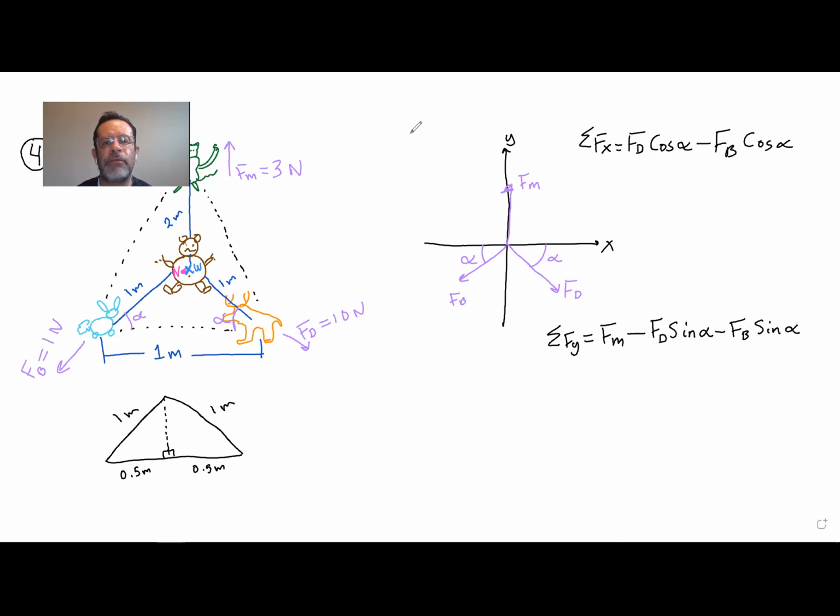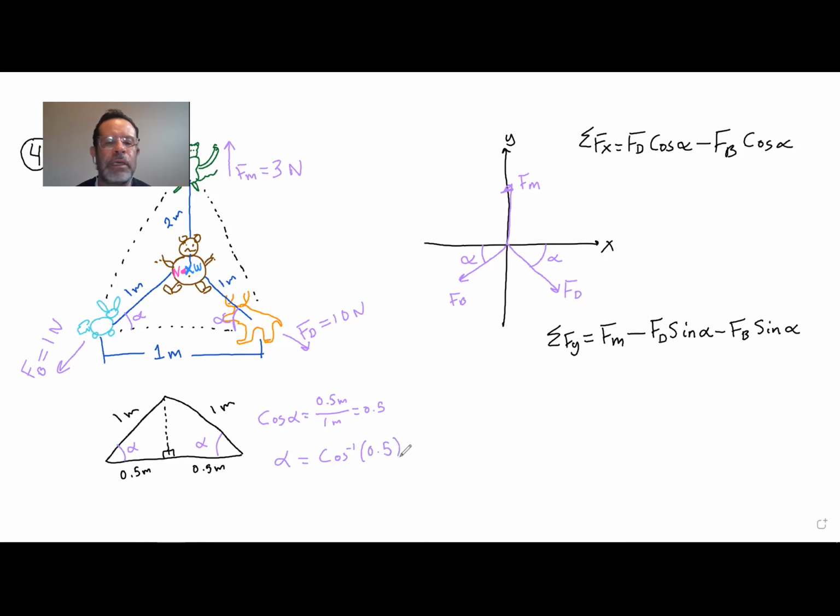So if I'm looking for alpha, which would be this angle here, the cosine of alpha is going to be 0.5 divided by 1, which is 0.5. That means that the angle alpha is going to be the inverse cosine of 0.5.